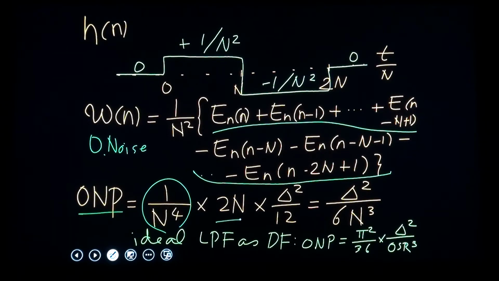So I have a 2n noise component. Each noise power is delta squared over 12. So I got delta squared over 6n cubed. In the ideal case, it's around the same, OSR cubed. So this is good enough. So if I use a second order sinc filter after a first order delta sigma modulator, then that's fine.